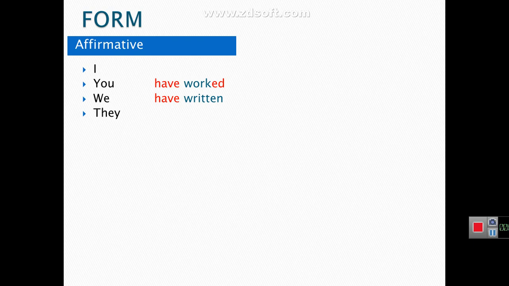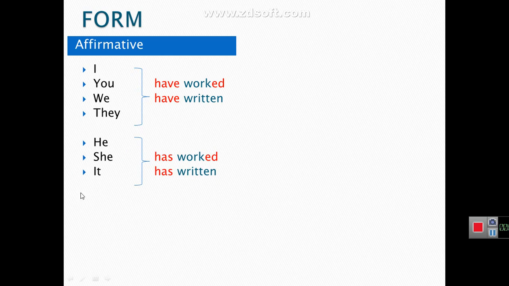If they are two, I'm gonna use have with it. I have worked or you have written. But for the third person singular, I'm gonna use has. He, she, it, or Ahmed alone, or Hiba alone, Fatima alone, Jihan alone. He has worked. Jihan has written.